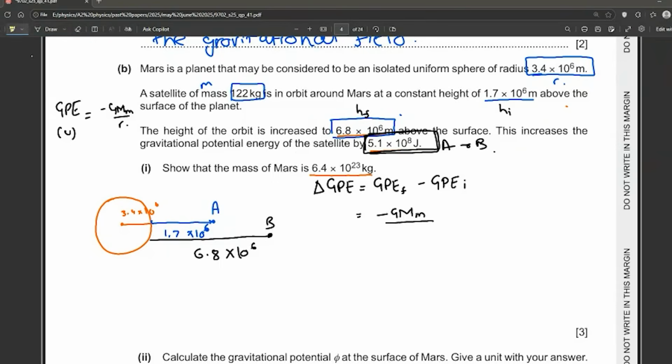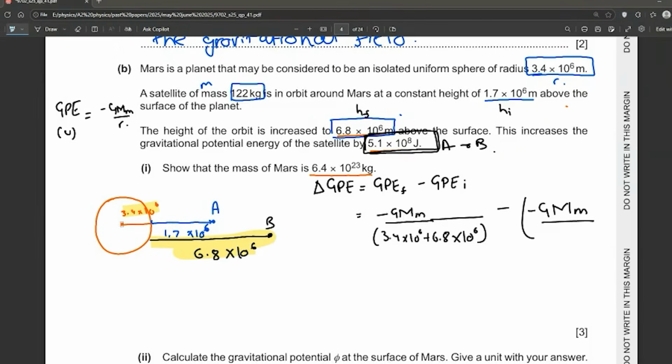What is the final R? 3.4 plus 6.8 into 10 raised to the power of 6. What is your separation at the final position? 3.4 into 10 raised to the power of 6 plus 6.8 into 10 raised to the power of 6, minus the initial gravitational potential energy, minus capital G, capital M, small m divided by the initial separation, which is 1.7 into 10 raised to the power of 6 plus 3.4 into 10 raised to the power of 6.